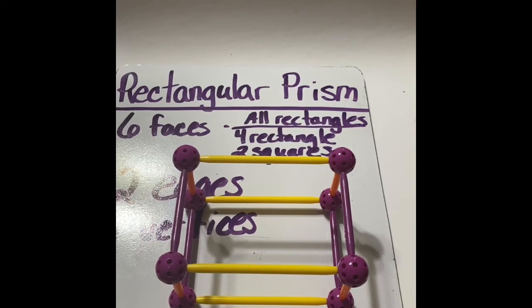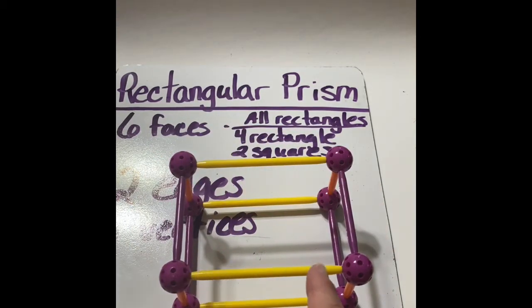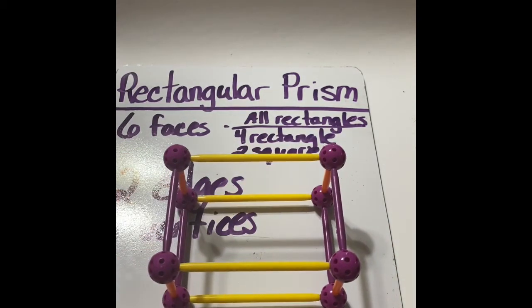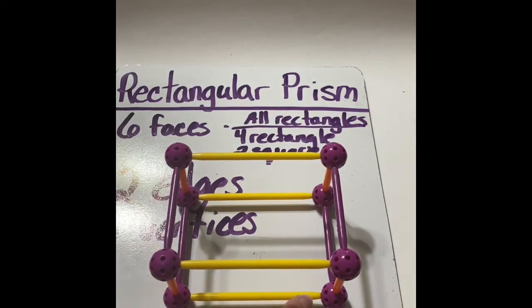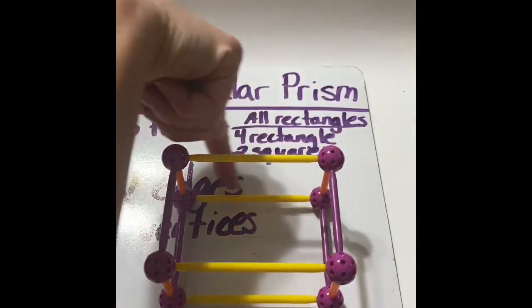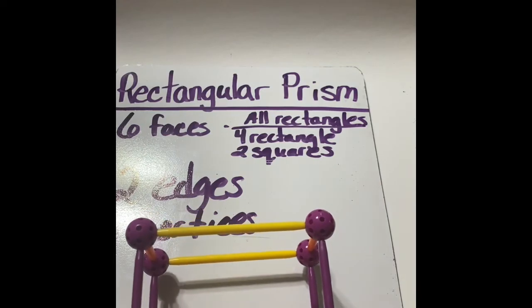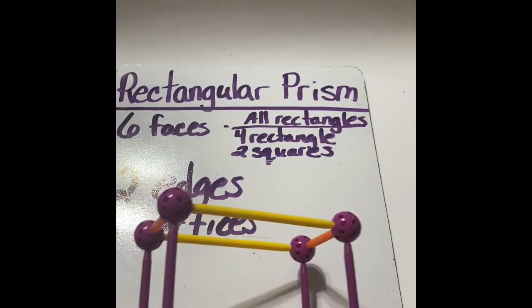And then the edges are all of the bars here. Across the top, 1, 2, 3, 4. Going down, 5, 6, 7, 8. And across the bottom, 9, 10, 11, 12. So a rectangular prism has 6 faces, 12 edges, and 8 vertices.